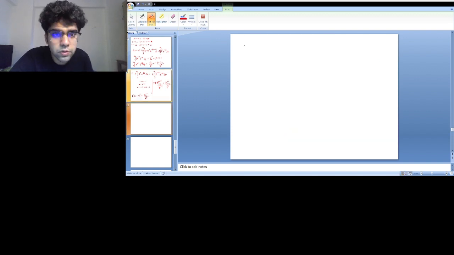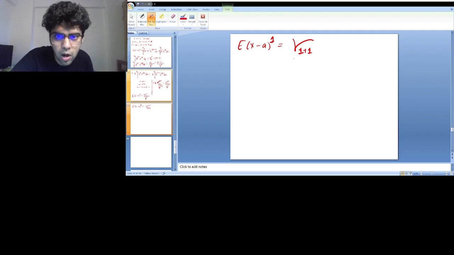Now this shows the value of E(X minus a), where r is equal to 1. So Gamma(r plus 1), with r equal to 1, is Gamma(1 plus 1) divided by b to the power 1.